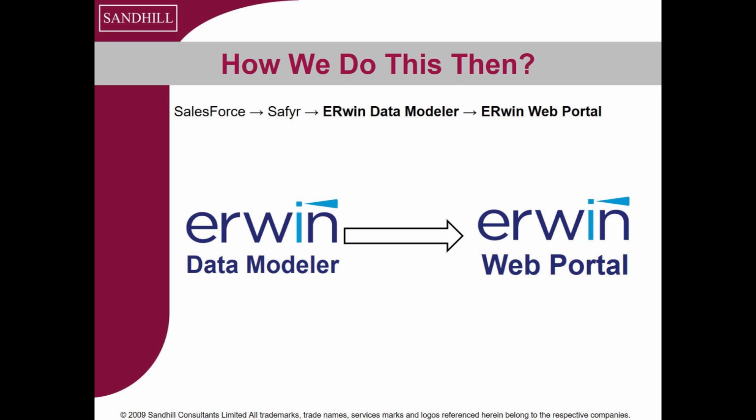Once we have the laid out ERwin data model, we can then publish it to the ERwin Web Portal. This will allow our business users to navigate, search, and discover the metadata that came from our Salesforce environment.